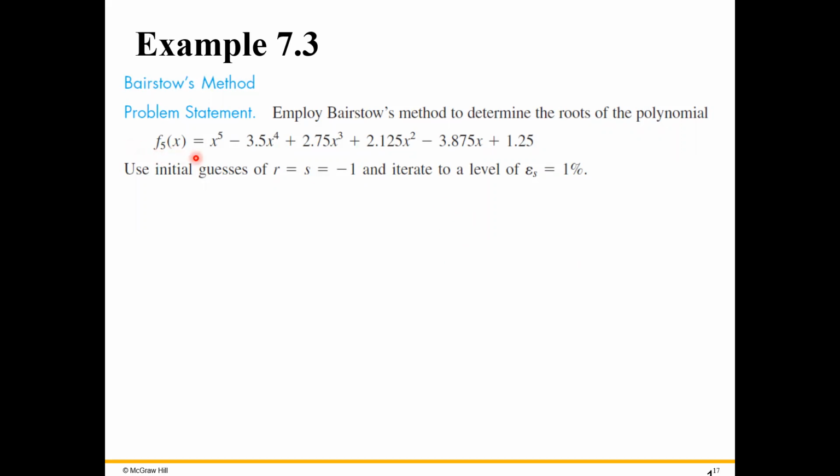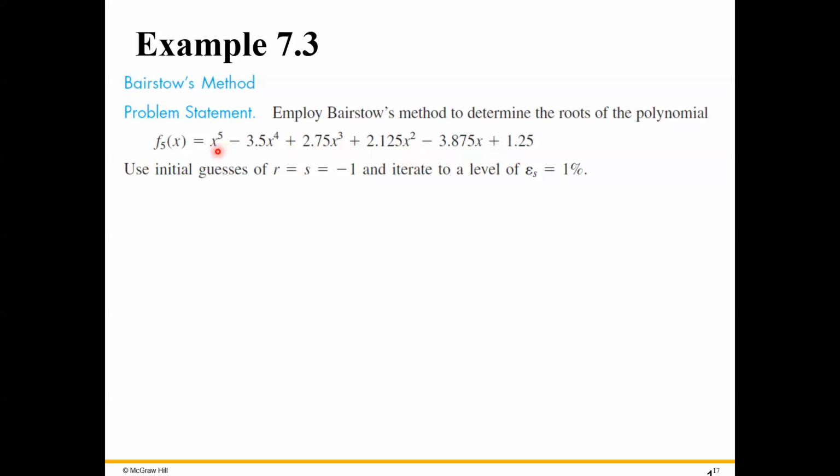Okay. So let's see how we can apply this method to solve the equation x to the power 5 minus 3.5 x to the power 4 plus 2.75 x cubed plus 2.125 x squared minus 3.875 x plus 1.25.